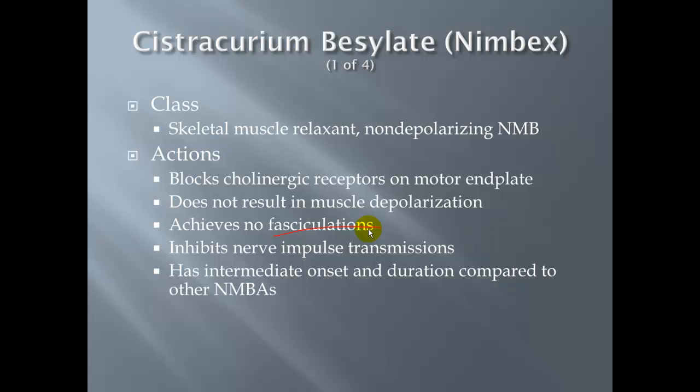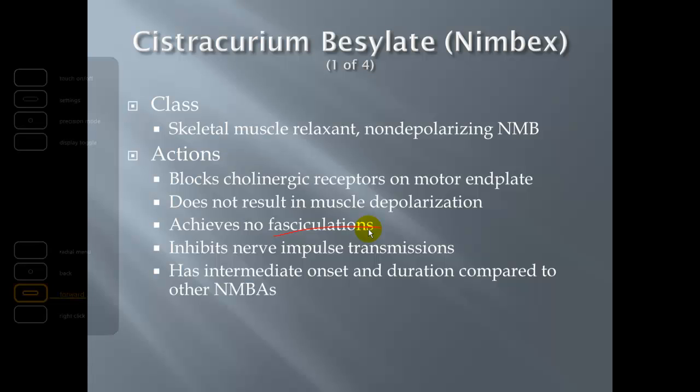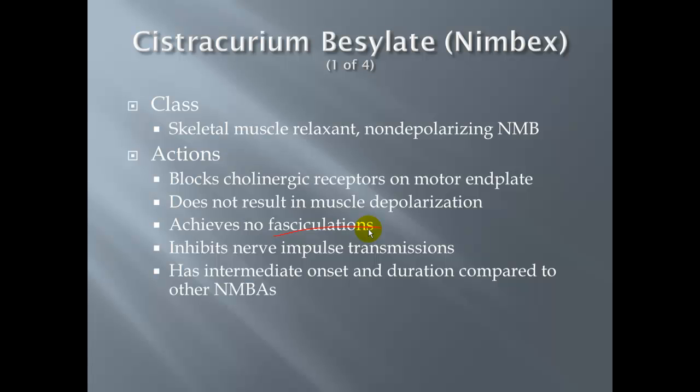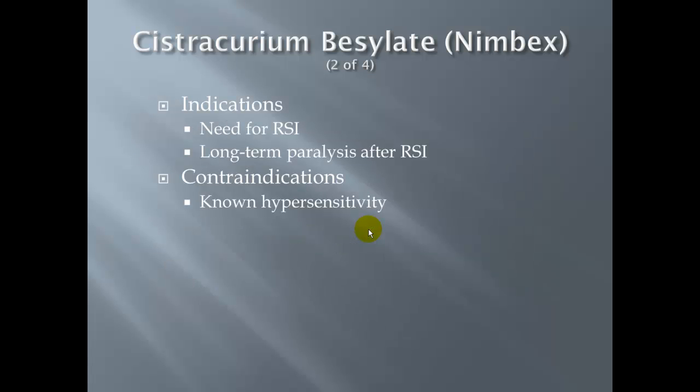Inhibits nerve impulse transmissions. Has immediate onset and duration compared to other neuromuscular blocking agents. So if you're using a standalone neuromuscular blocking agent, non-depolarizing, to facilitate your intubation, Nimbex is going to be a pretty good choice. Indications: need for RSI or long-term paralysis after an RSI.